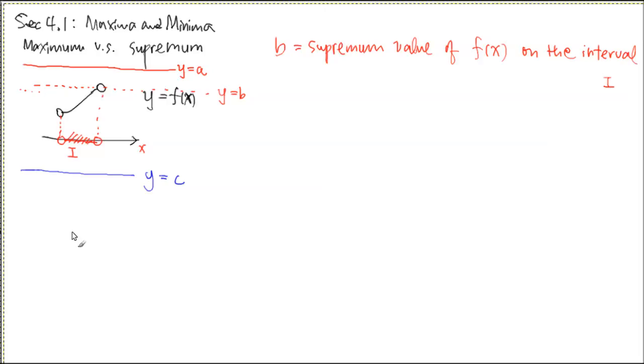But can you imagine a highest line such that below it there's no portion of the graph appearing? That's exactly the point going through here. Is that right? So I'm going to call that y equals d. That value d is called the infimum. That's the word that the internet dictionary did not recognize. So the infimum value of f of x on that interval.